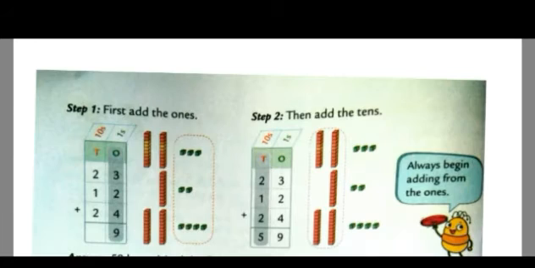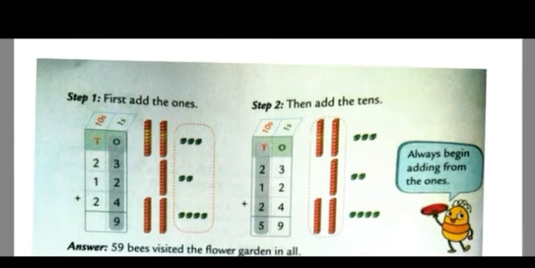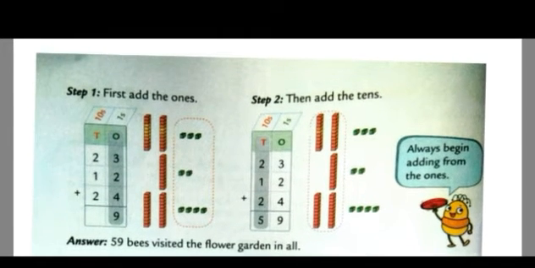So scholars, now we will see the solution to this question. First we need to arrange the numbers one below the other according to the place value. After arranging, now first we will start with adding the ones.